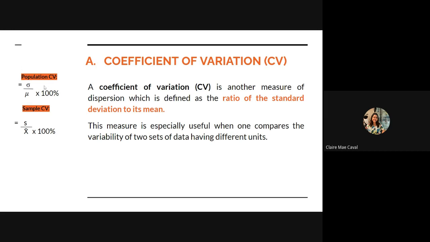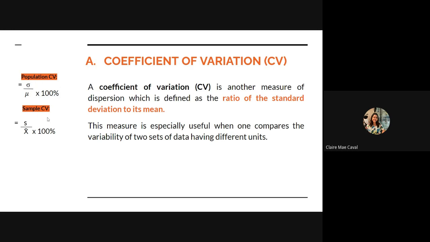Population coefficient of variation, you use this formula. You have here sigma divided by mu, or this is your population standard deviation divided by the population mean, times 100%. Okay? Of course, this time, yung needed nyo dito na values is the computed population standard deviation and the population mean.